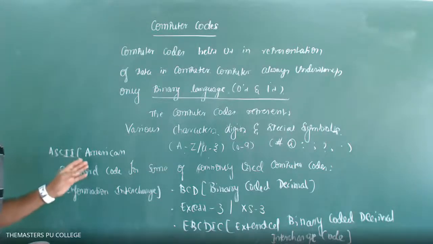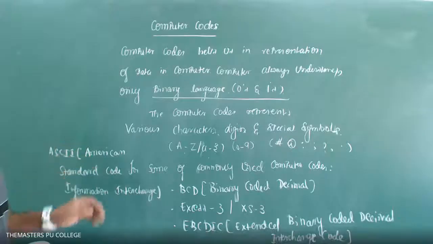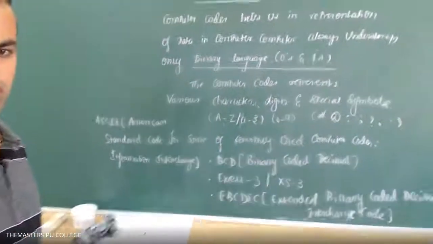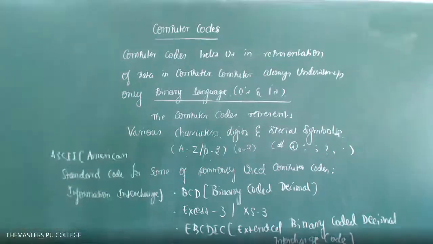One more is ASCII. It's not visible, sir, down. Is it visible now? No, sir. A little up. Yes, sir, it's visible, but the last two words. Yes, sir, now it's visible.